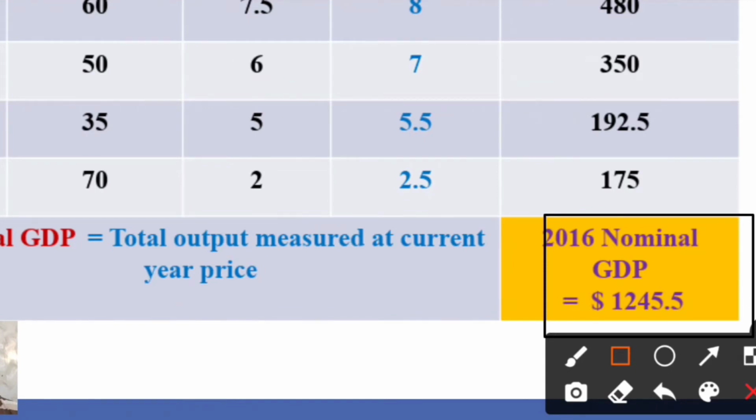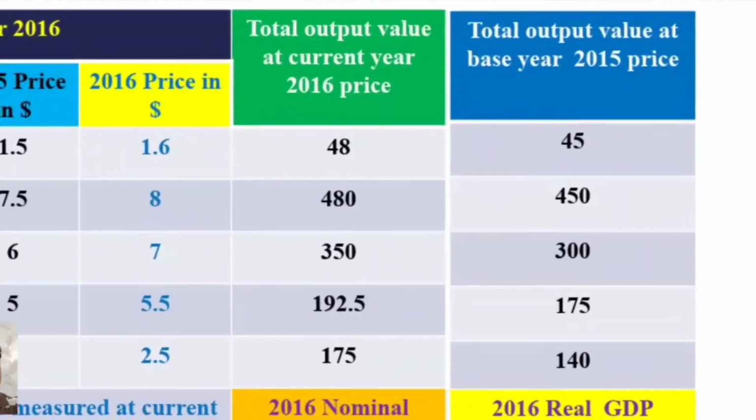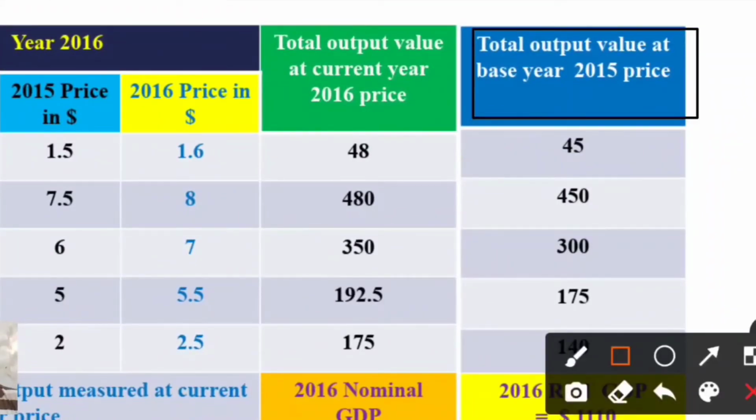Our target is to calculate the real GDP, that is, how much actual output has increased, because the total output has not increased so much; this is the effect of the rise in inflation. So we calculate the 2016 output at the 2015 price in order to measure accurately the increase in output. This is the real GDP, basically the total output value at base year price. The current output at base year price for commodity A is $45 against 48 at nominal.